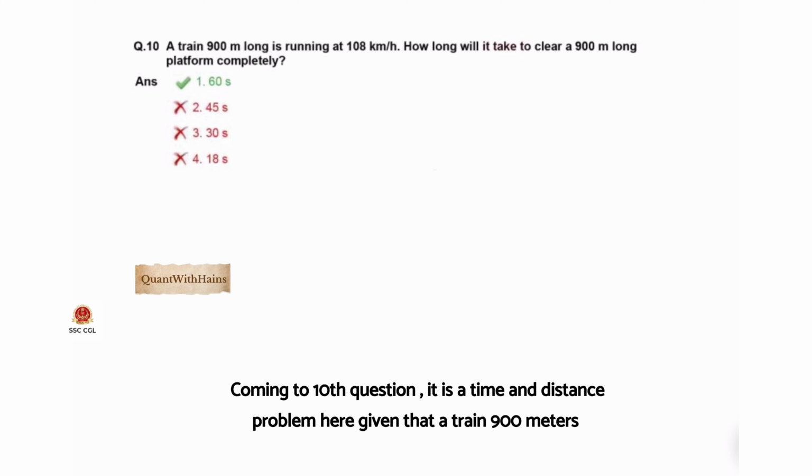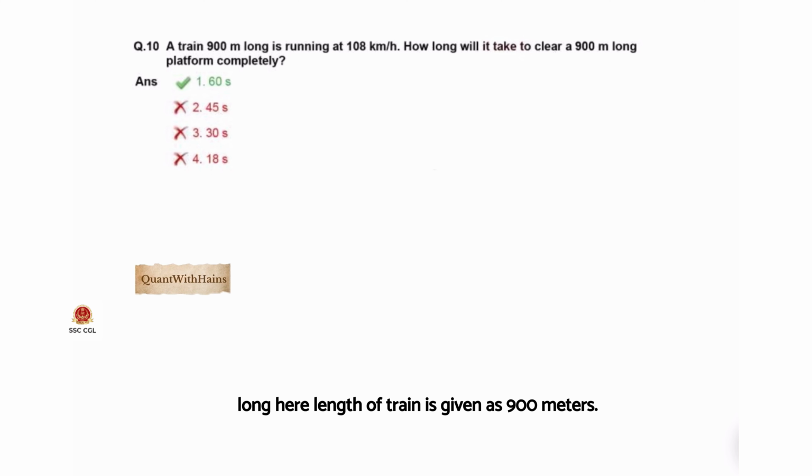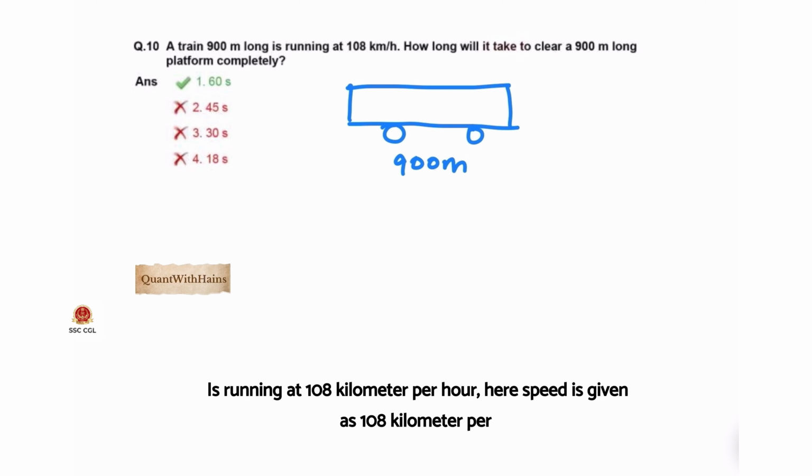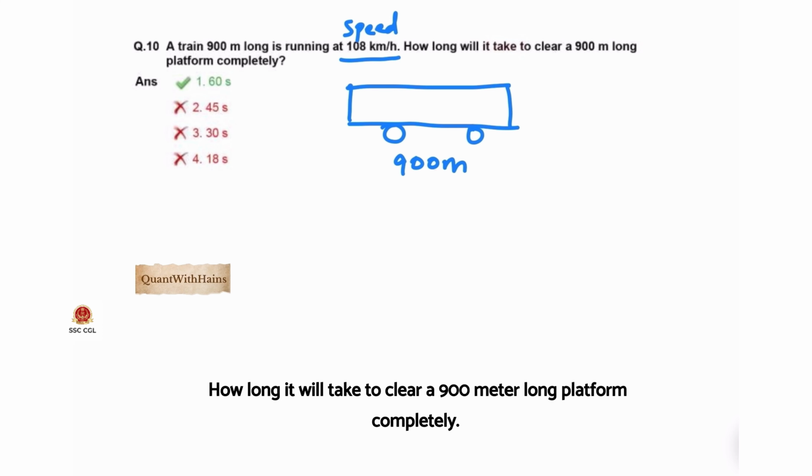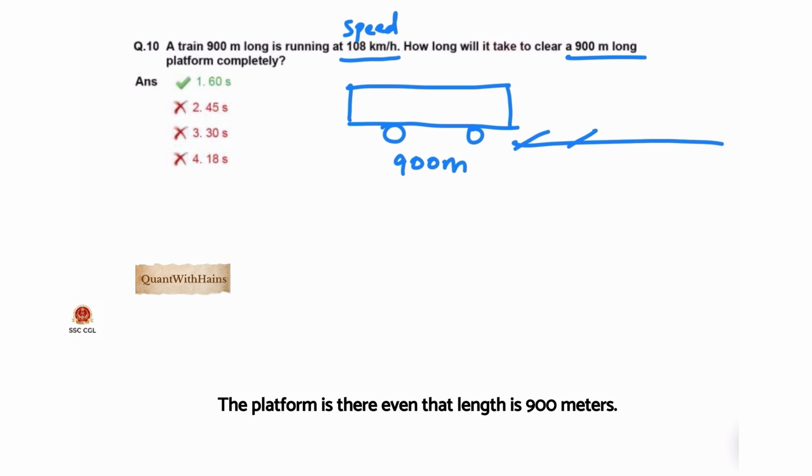Here it is given that a train 100 meters long is running at 108 km per hour. Here the length of the train is given as 100 meters and the speed is given as 108 km per hour. How long will it take to clear a 100 meter long platform completely? Here the platform is there, and its length is also 100 meters.